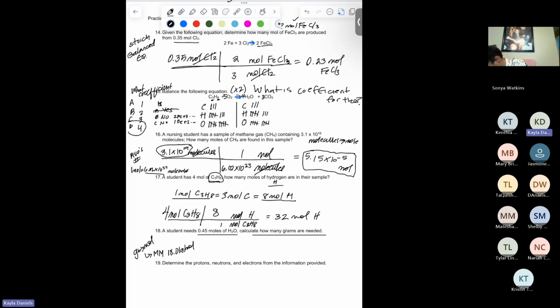All right, so start with our given 0.45 moles of H2O. We want moles of H2O on bottom because we want them to cancel, grams on top. This number is married to the grams, so since I put the grams on top, I'm going to put the 18.01 on top and the 1 mole on bottom.